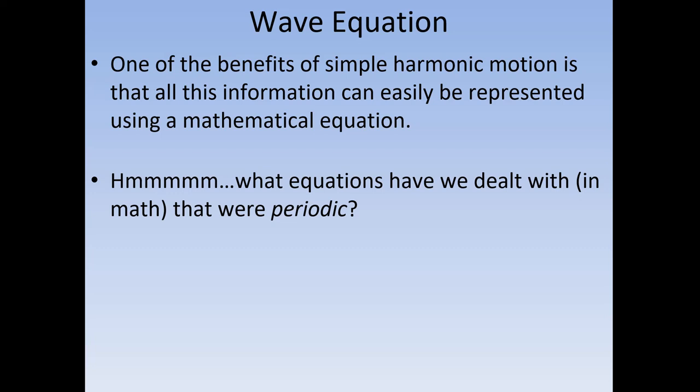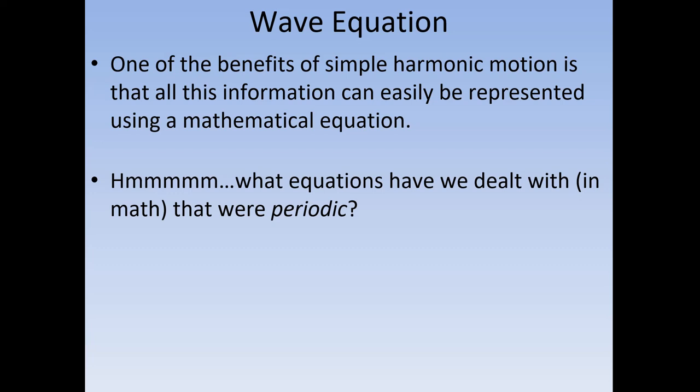Now, one way that we can figure out a perfect equation to represent something like a pendulum as it oscillates back and forth, or a mass on a spring, is by trying to think about what equations we've been dealing with that are also periodic, that repeat over time.